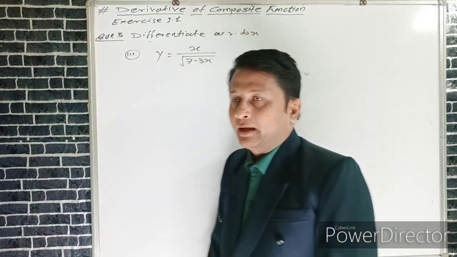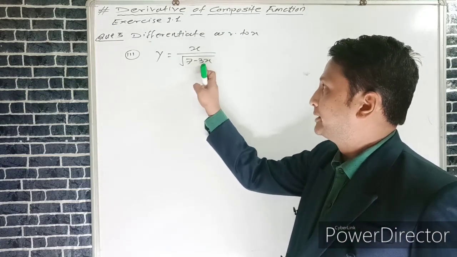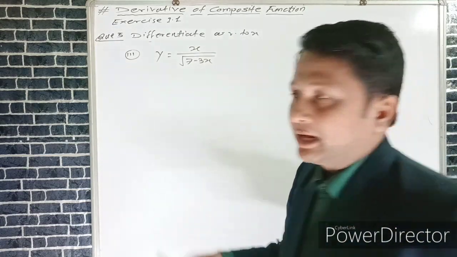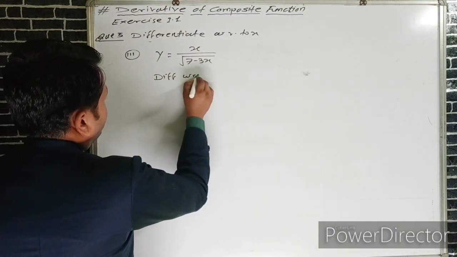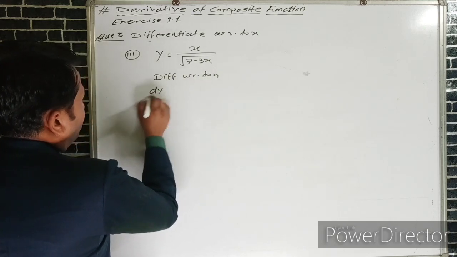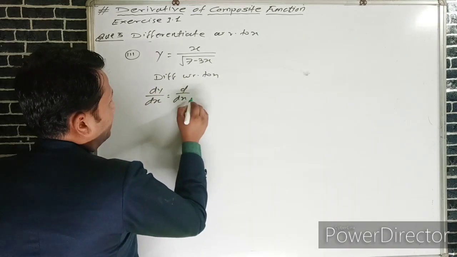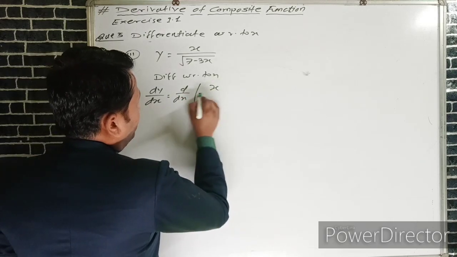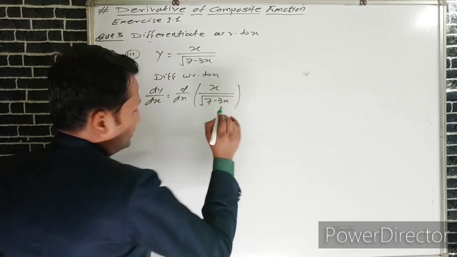Next, example number 3 is y equals x upon under root of 7 minus 3x. If we directly differentiate with respect to x, the derivative of y is dy by dx. We can write it d upon dx of x upon under root of 7 minus 3x.